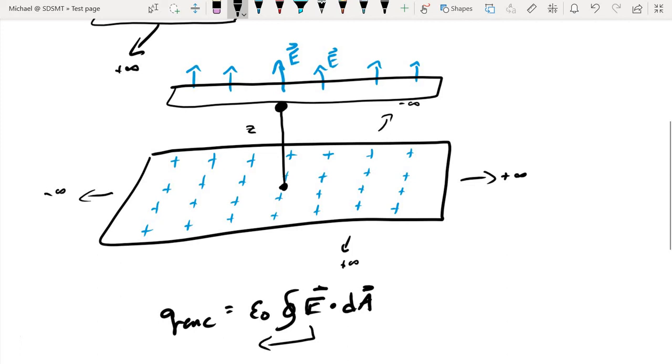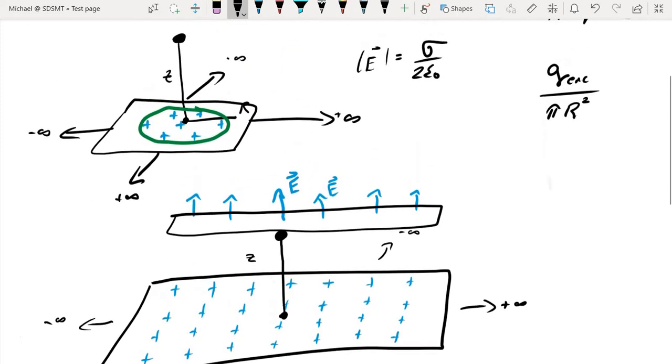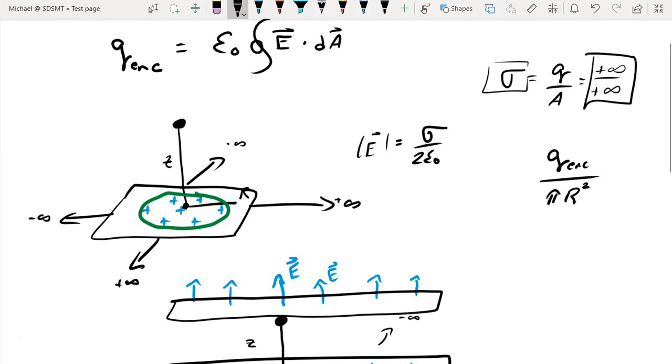And so it might make sense to use that as part of our container, except that I can't have an infinite surface area for my container. Again, I can't expect to try and use the entire sheet and the entire charge.